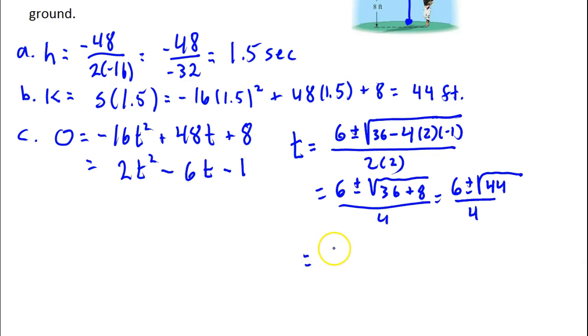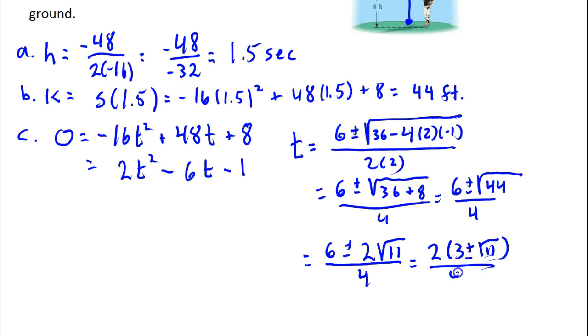And I can take a 4 out of that square root. So that's going to leave me with a 2 outside and an 11 inside. And finally, I can factor a 2 out of everything and cancel. So my final answer is 3 plus or minus root 11 over 2.